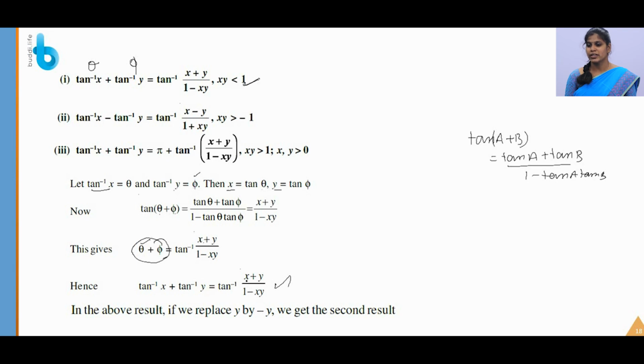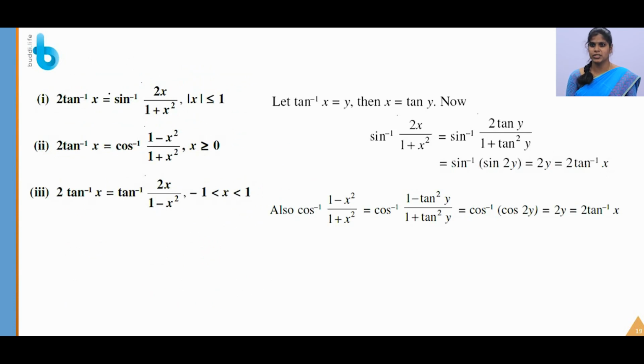So x minus y I will get here, then 1 minus, here in place of y if I substitute minus y, minus into minus will become plus, and hence I will get this property. Okay. Next we will go for another set of properties.